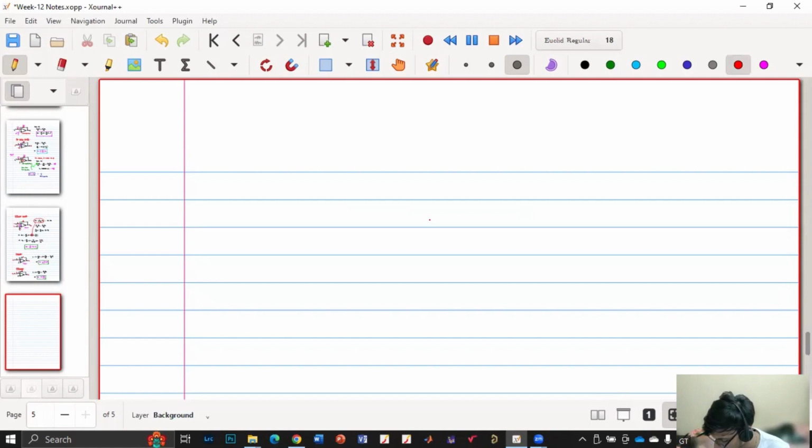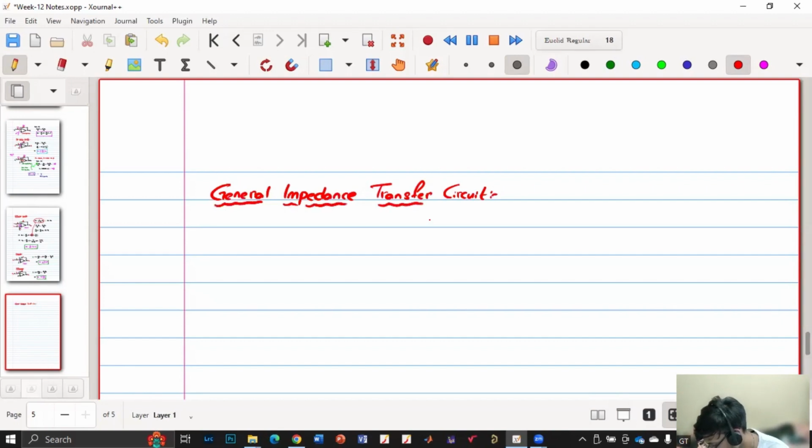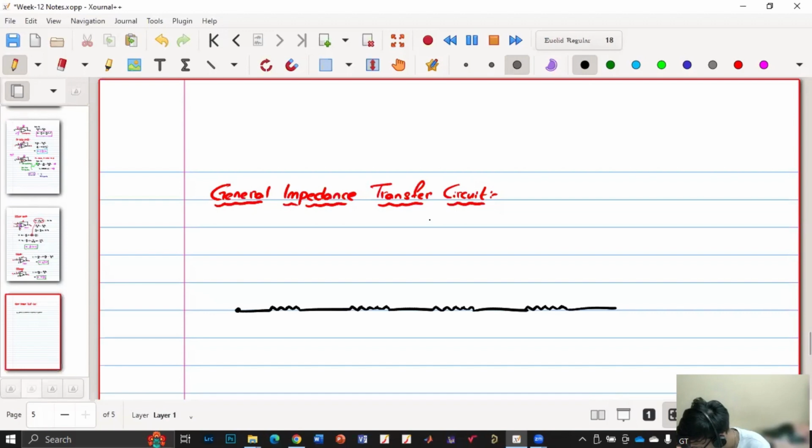So this is a general impedance transfer circuit. First of all, there are 4 resistors, then V naught, and then there is this load impedance.